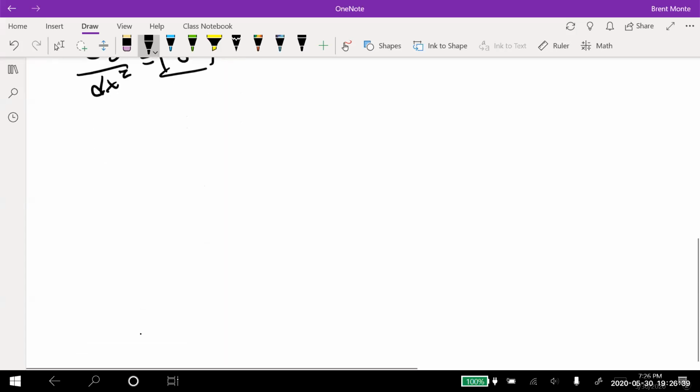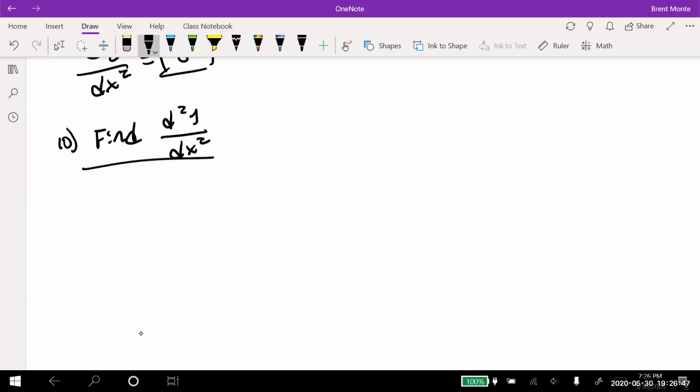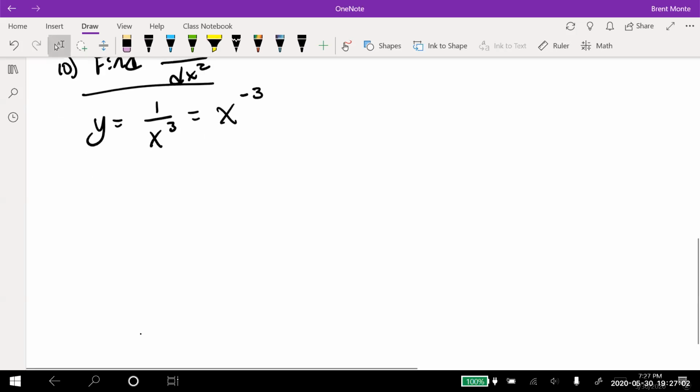Let's do problem 10. Same question. Find d2y dx2. Y equals x to the... Well, notice I don't have to use the quotient rule there because I don't have an x on the top. This is really just x to the negative 3. Now I can just use the power rule. So the first derivative, dy dx, is negative 3x to the negative 4. I drop that by 1.